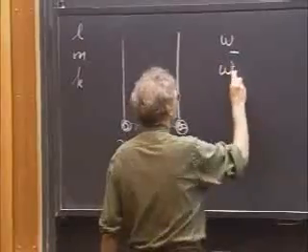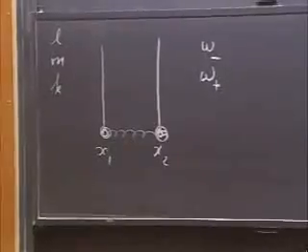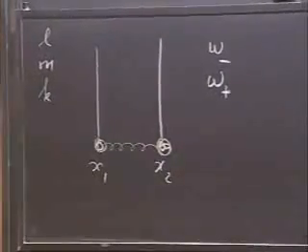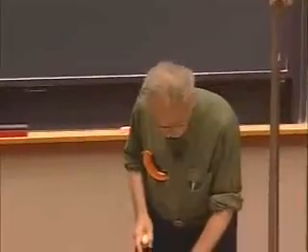If then I have another frequency which is higher, there are 2 normal modes because we have 2 objects. If we have 3 objects, there are 3 normal modes. If we go to the higher normal mode, the higher frequency, they have the same frequency, but they are 180 degrees out of phase. So when one comes to a halt here, the other one comes to a halt there. That's what it means, 180 degrees out of phase.